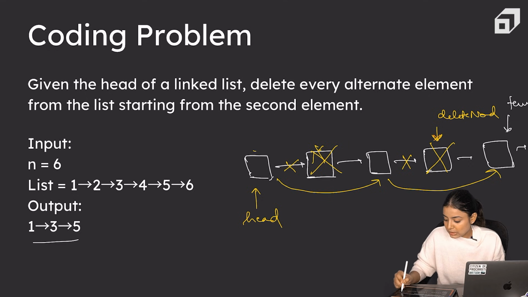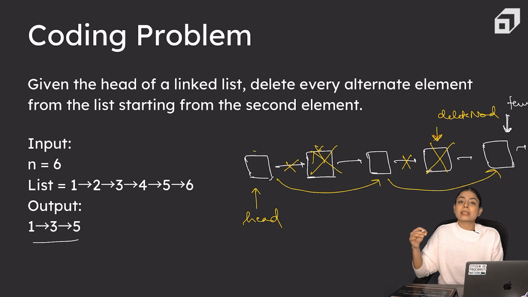So in this case my stopping condition would be when temp of next becomes null. When I have an even number of nodes, my stopping condition would be when temp becomes null, and when I have an odd number of nodes, then my stopping condition would be when temp of next becomes null.